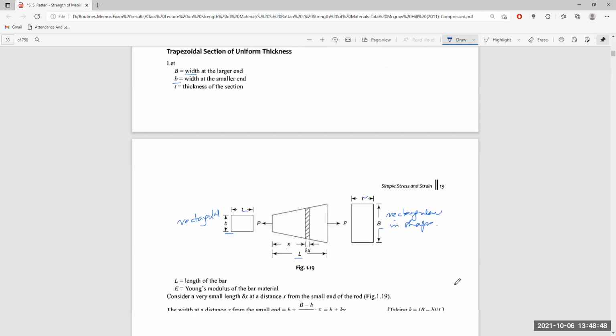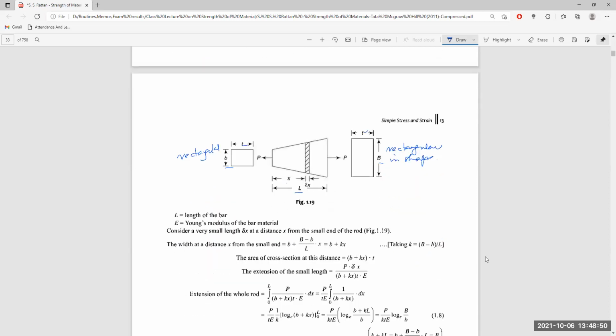Now, we will follow the same process. Consider an elemental length delta x at a distance x from the small end. The width at a distance x from the small end will be b plus (capital B minus small b) divided by L, into x.